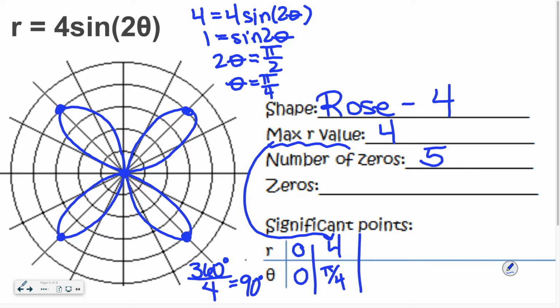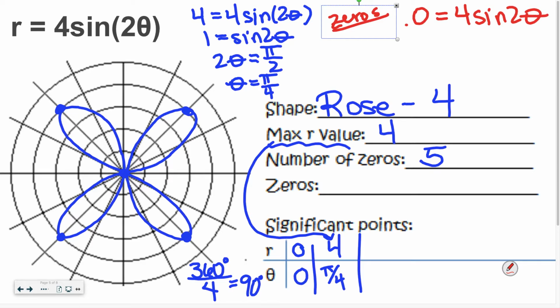Okay? So now let's find those zeros. All right, so we have 0 equals 4 sine of 2 theta. To find the zeros, we're going to set our equation equal to 0. We'll divide that 4 over.